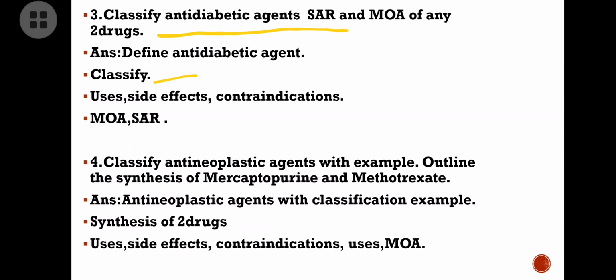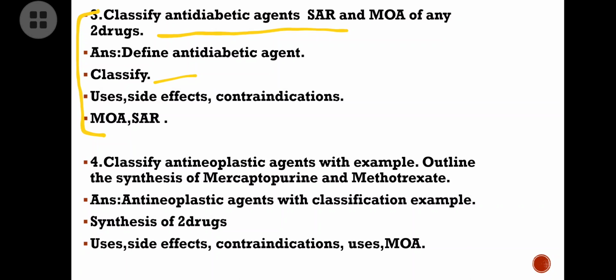Classifications you have to write, okay, biguanides, meglitinides, then uses, side effects, contraindications, mechanism of action, SAR of any one. Very important, you have to maintain all these step by step. And one more interesting thing, sometimes they will ask these questions in 5 marks. At that time what you have to do, I will tell in the 5 marks section.